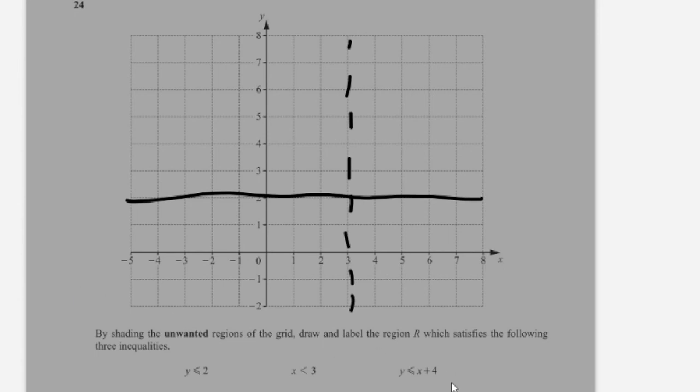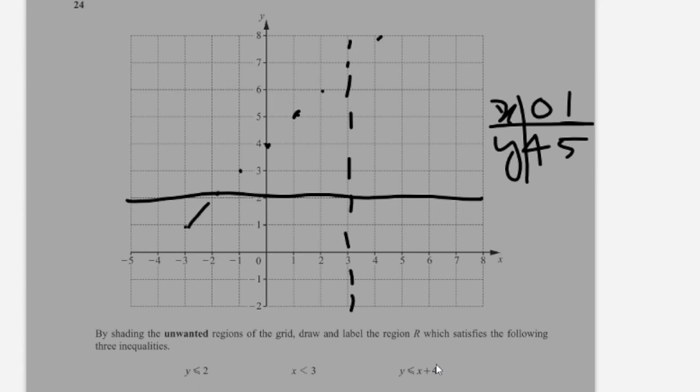And then we have x less than or equal to y less than or equal to x plus 4. And then we have 1 on x and 5 on y. Okay, so this is how the line over here is supposed to go, and I'll match these points over here. Alright, now we'll do the shading part.